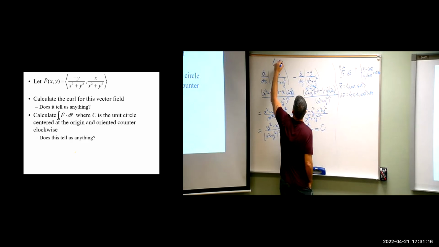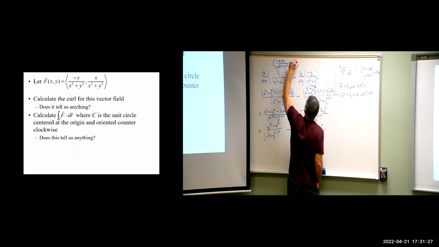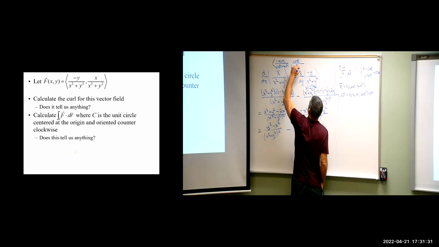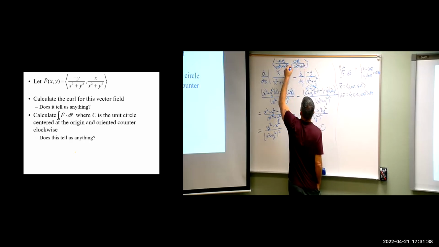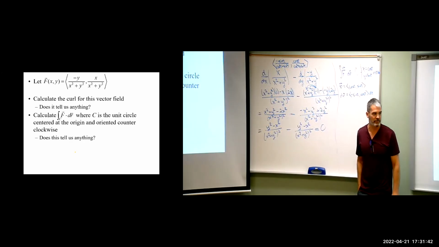Negative sine t over, and look at what's going to happen here, cosine squared t plus sine squared t. And cosine t over cosine squared t plus sine squared t. So it turns out when we plug that in, the denominators are just a Pythagorean identity, so they just become 1.